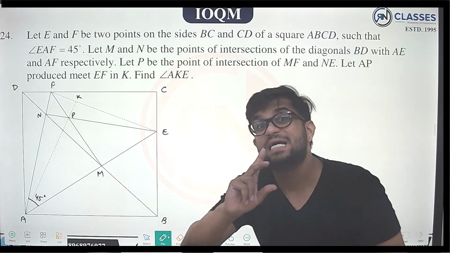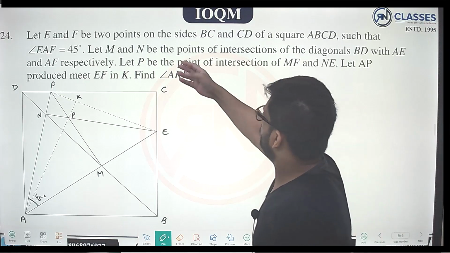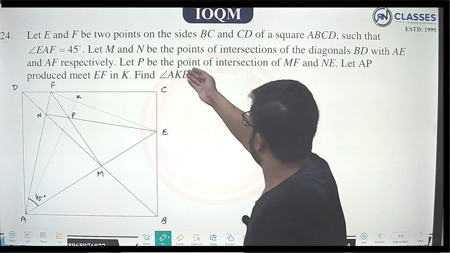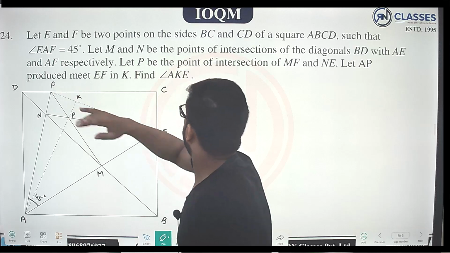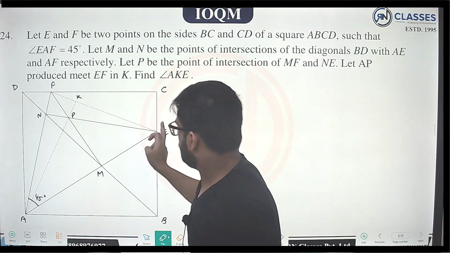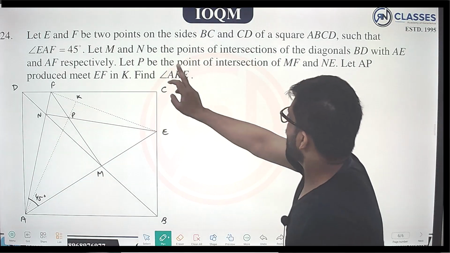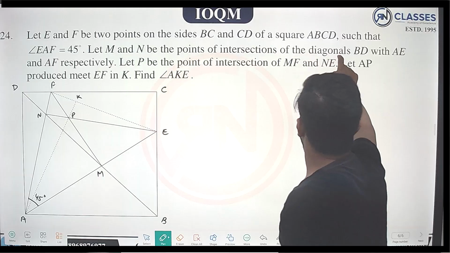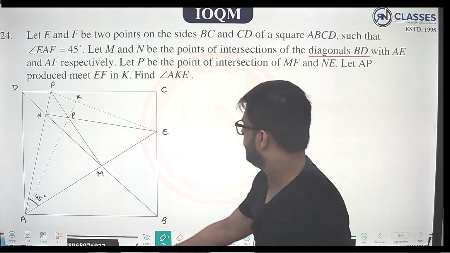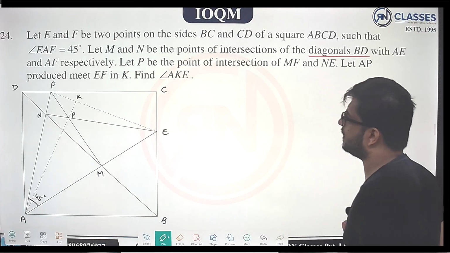ठीक है. चलो, E and F are 2 points on side BC and CD, E and F मार्क कर दिए, ऑफ अ स्क्वायर ABCD बनाया, EAF, ये देखो 45 डिग्री यहां पे मार्क है. M and N be the point of intersection of the diagonal BD बनाई, point of intersection M and N same order में respectively बोला था.